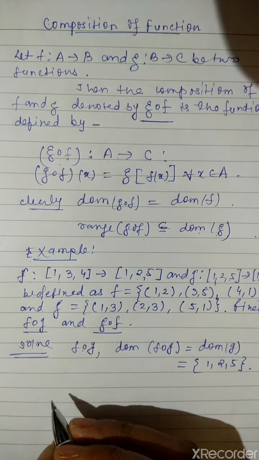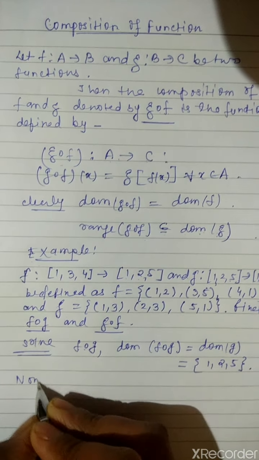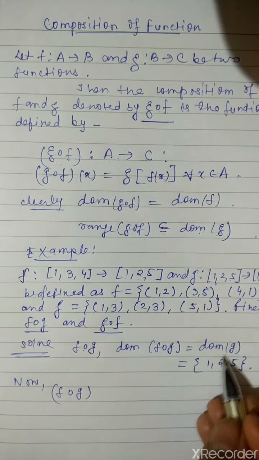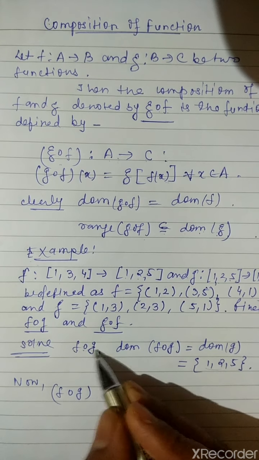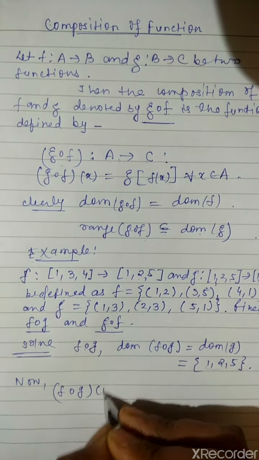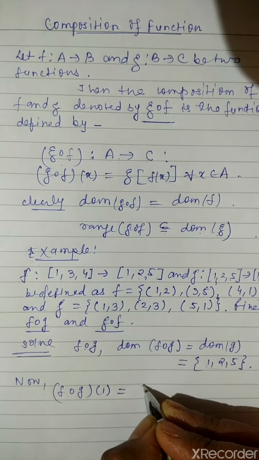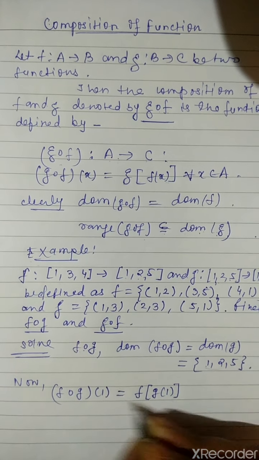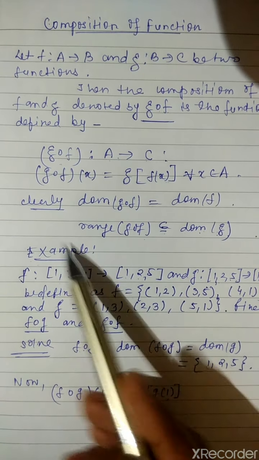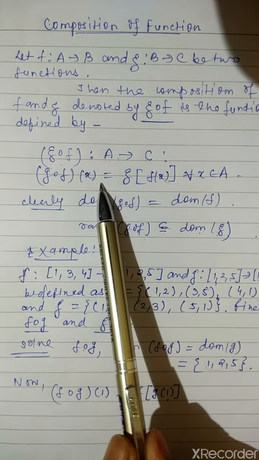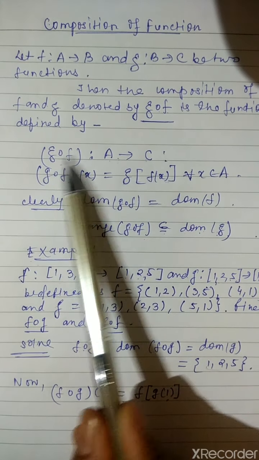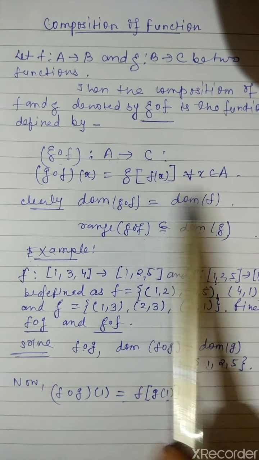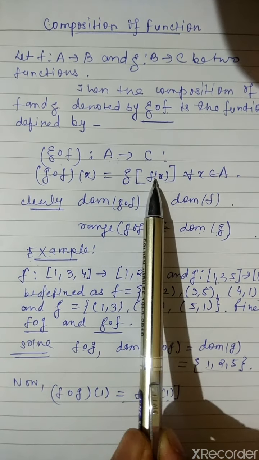Now first we find F naught G over 1. So F naught G of 1 equals F of G of 1. Why this? Because if we have to find G naught F of x, this will be G of F of x: whatever Fx is given, we put it in and then find the Gx.